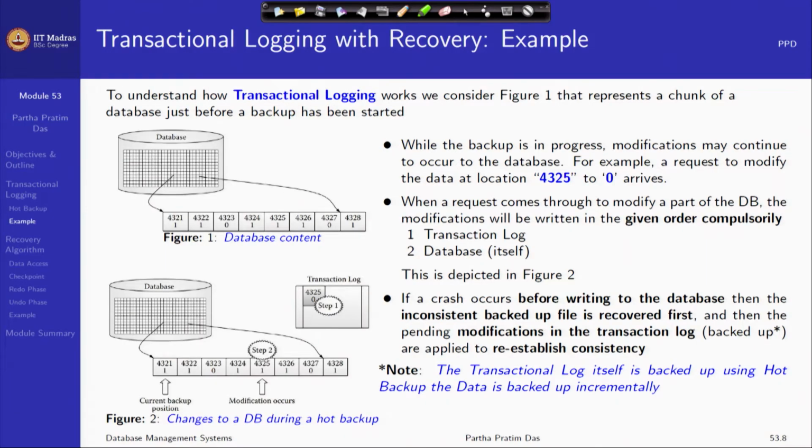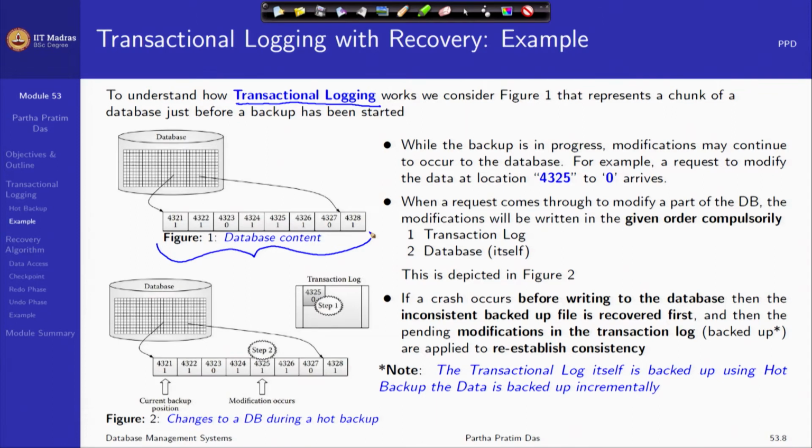Now, let us take a sample scenario to understand how transaction logging actually works and solves the problem of inconsistency in the database due to an unfortunate crash, using the hot backup of the transaction log. So, let us look at figure 1. What it shows is just a chunk of data from the database.